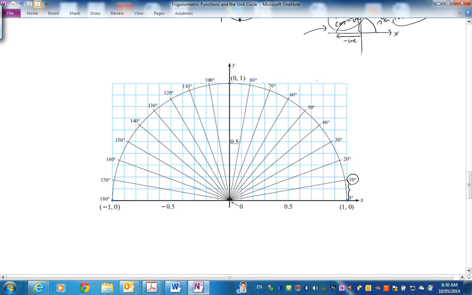So this scale is 1 unit, so it's 0.5 to there. So we will estimate this at just under 0.2, I think. And we could work out its cosine, which is the x-coordinate, and it's getting very, very close to 1 here. You'd have to actually measure down there. The x-coordinate would be that. Okay, so estimating those values.